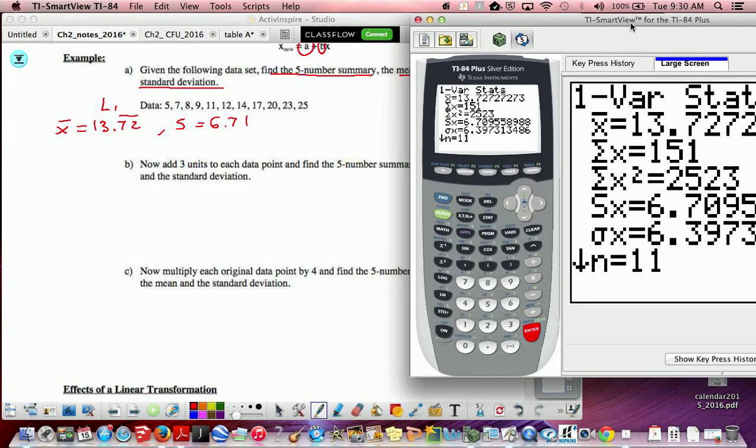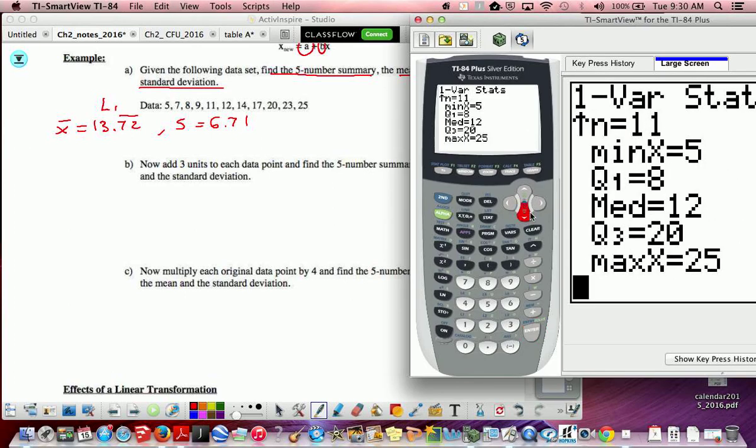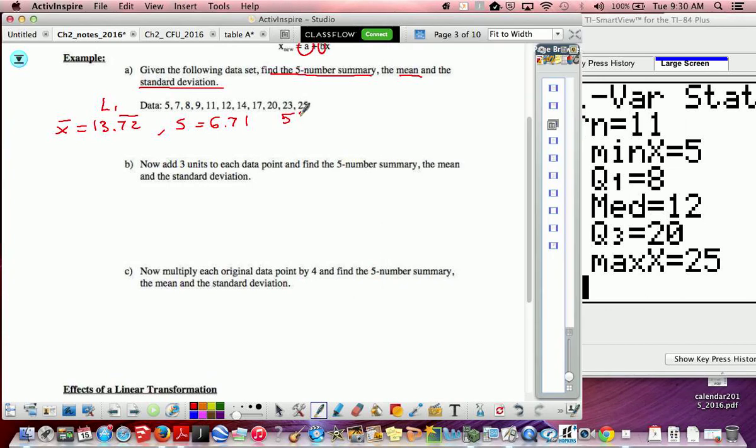And then I want to look at my 5-number summary. So I scroll to the bottom. The 5-number summary, I'm just going to write those down here: 5, 8, 12, 20, 25.